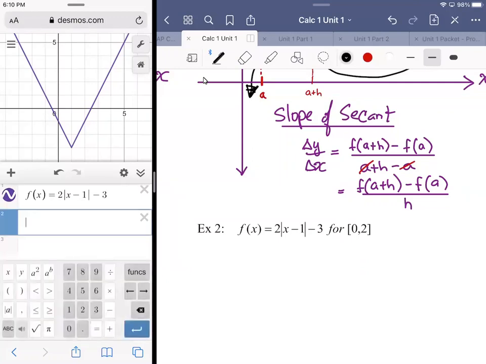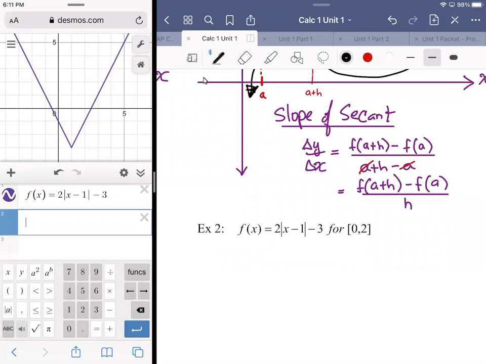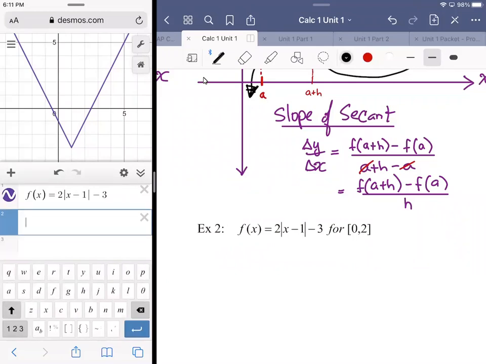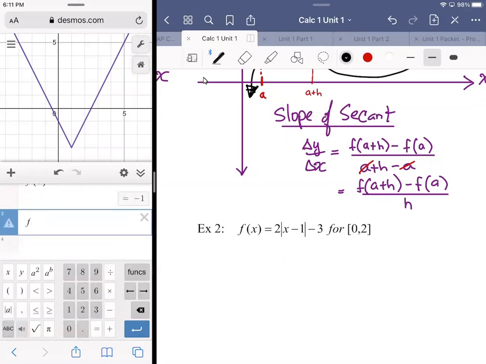I'll just show you f of 0. F of 0 is -1, and f of 2 is also -1. All right. So what that tells me is that at the x value of 0, I have a y value of -1.